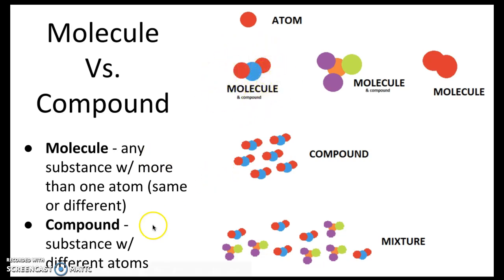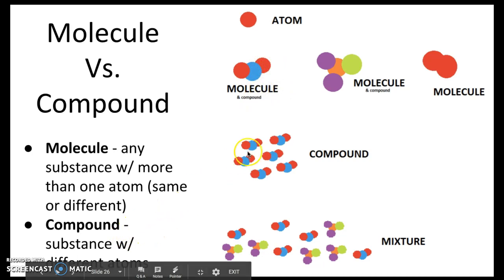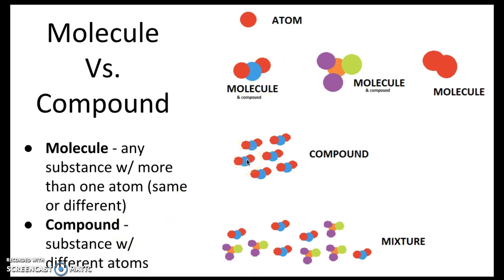But it also can be considered a compound, because a compound is a molecule where you have two or more different types of atoms. So that means that molecules can be compounds, but compounds cannot be molecules. For example, this, where it's only the same type of atom, you can call it a molecule, but you couldn't call it a compound.